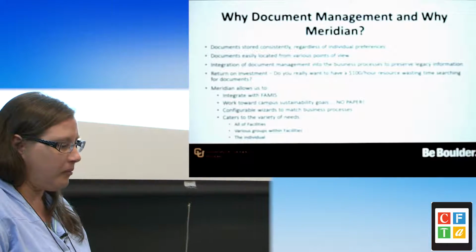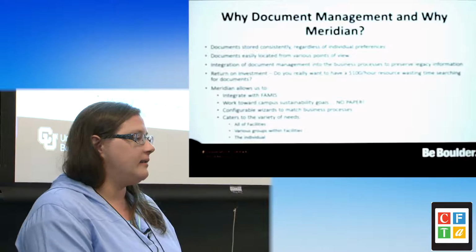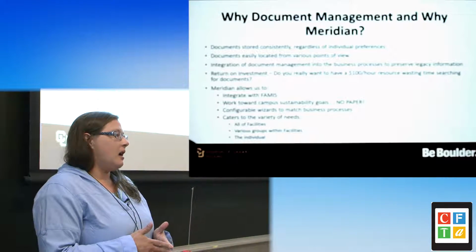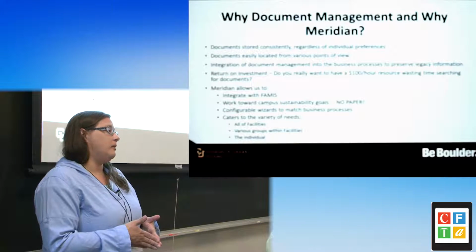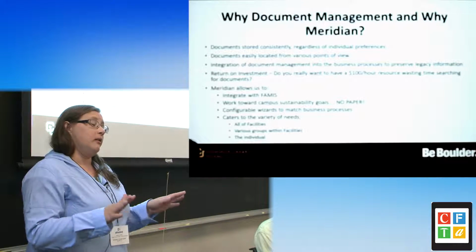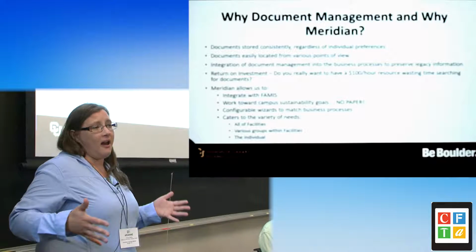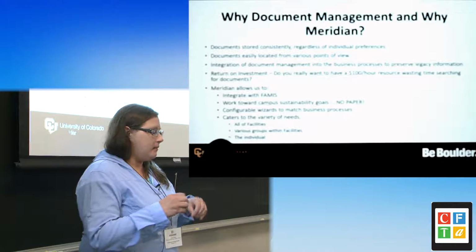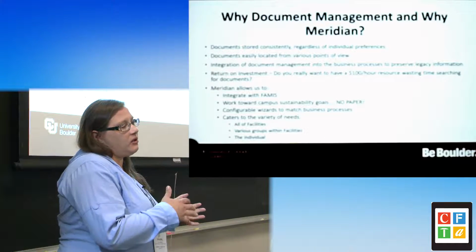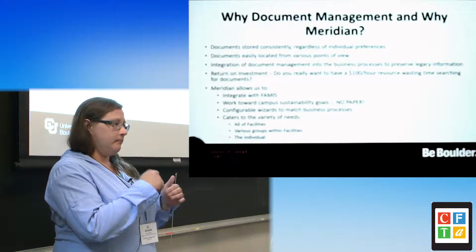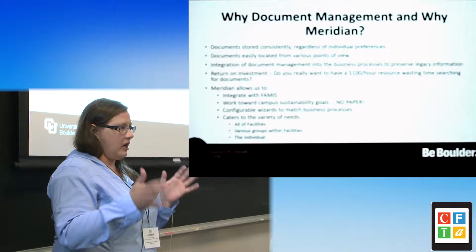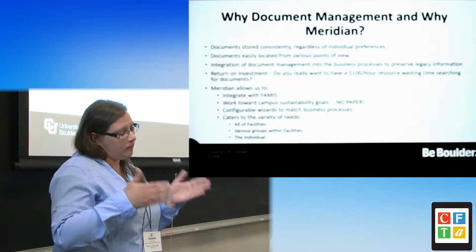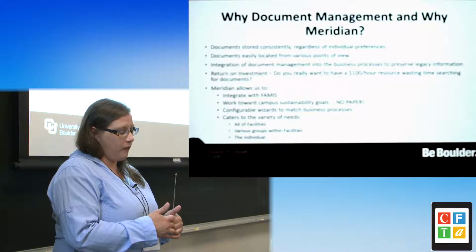So we did go with Meridian, which allowed us to integrate easily with our work management system, Famous. It helped us work toward our campus sustainability goals, the no paper. And really, when you see our operation, we don't really have paper at all. The wizards within Meridian were configurable to match our business processes. And as business processes change, we are able to configure how we're using Meridian for that.